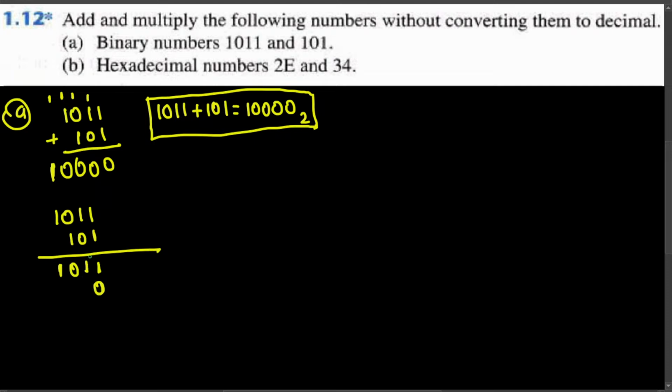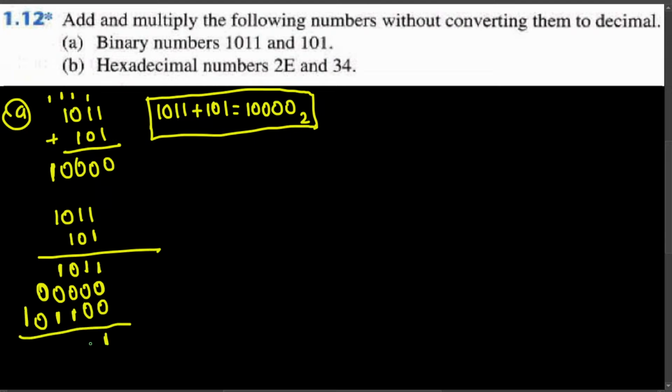So now I can start: 0 times 1 is 0, 0 times 1 is 0, 0 times 0 is 0, 0 times 1 is 0. When I go to the third number, I have to add 2 zeros and then do the multiplication. 1 times 1 is 1, 1 times 1 is 1, 1 times 0 is 0, 1 times 1 is 1. Now add them together.